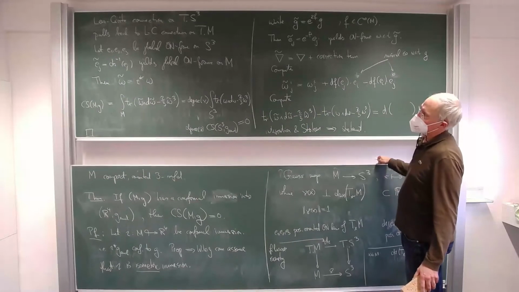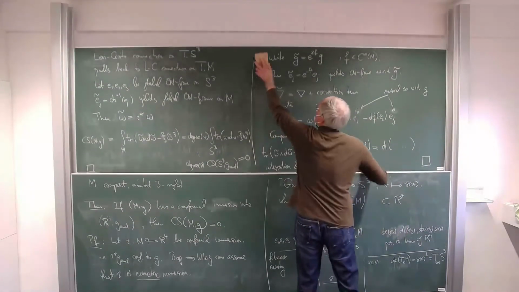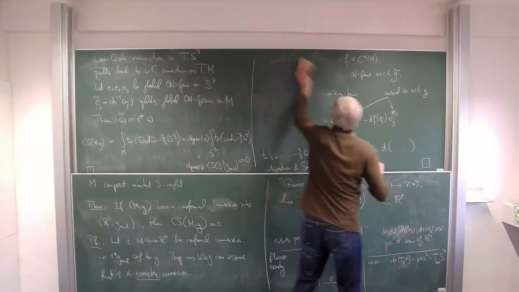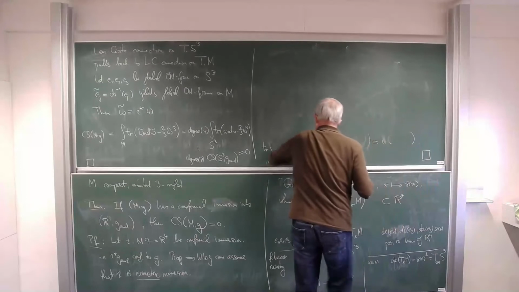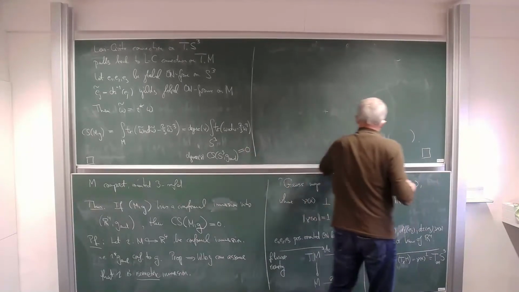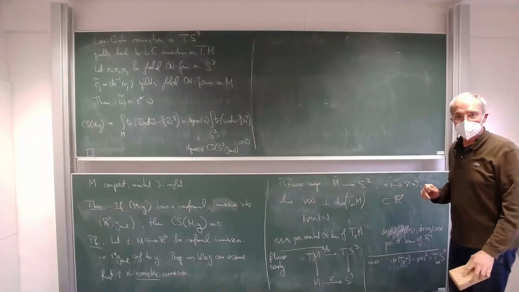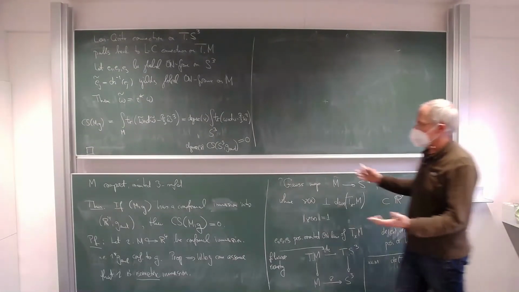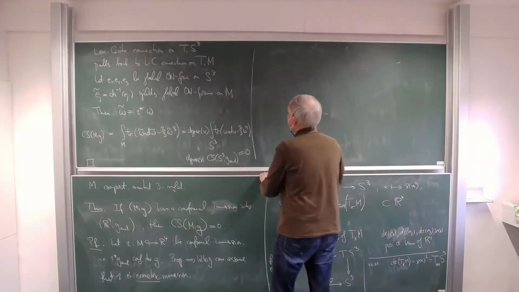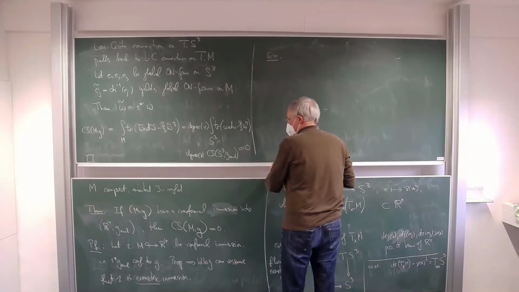So, here's an example where this applies directly. Certainly this is consistent with the fact that the three-sphere embeds isometrically into R4. The three-sphere has vanishing Chern-Simons invariant, but do the same thing for RP3.